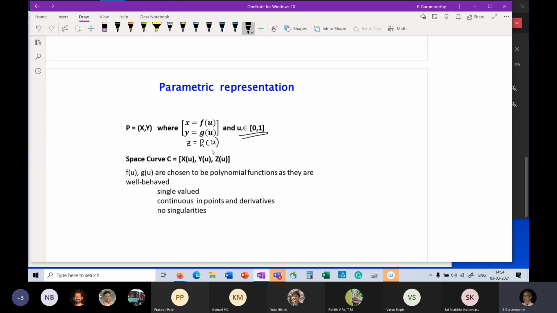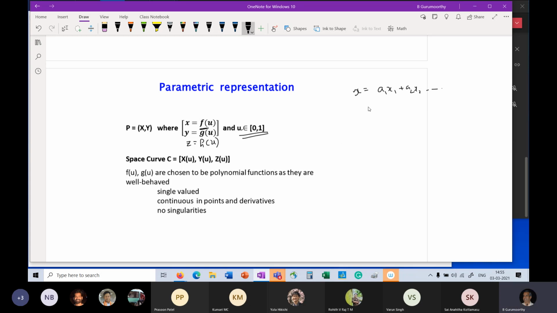Now, again, we have to go through a similar kind of decision-making process within a parametric representation as well. The first of them is what the form of this function should be, because your equation solving, finding the length of the curve, they all depend on this form of the equation. The equation can be a polynomial equation, x equals a1 x1 plus a2 x2 and so forth.